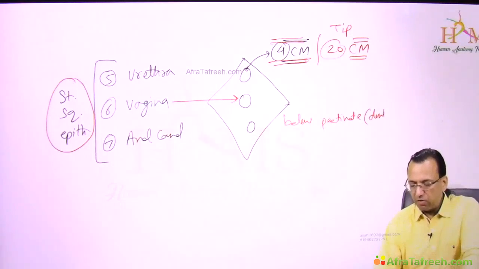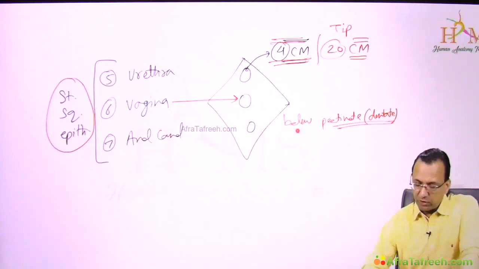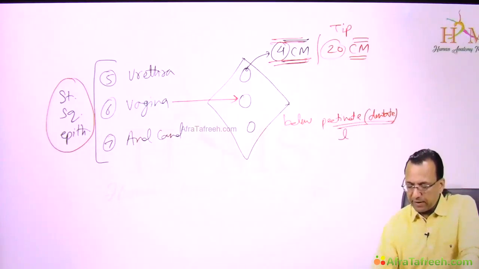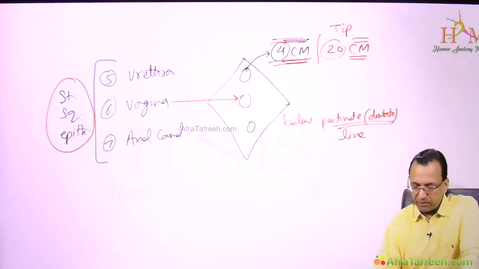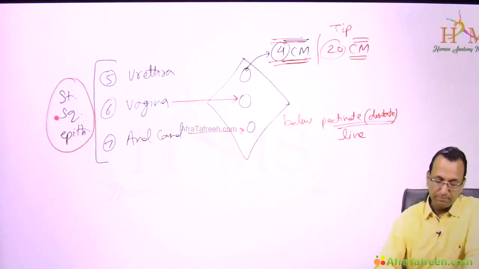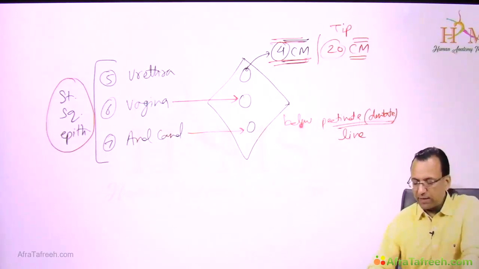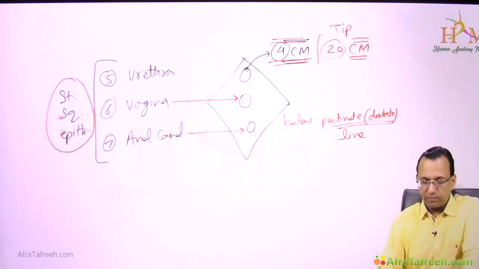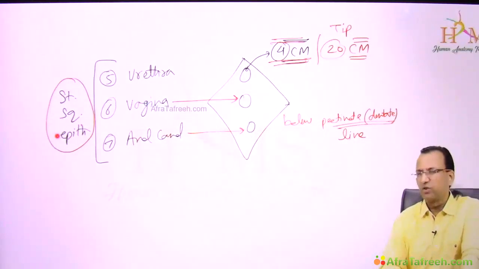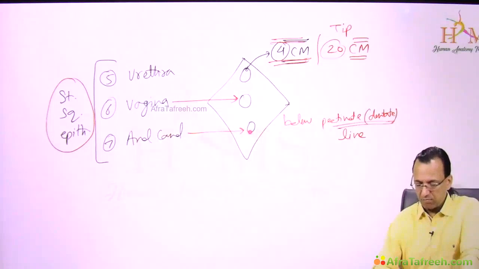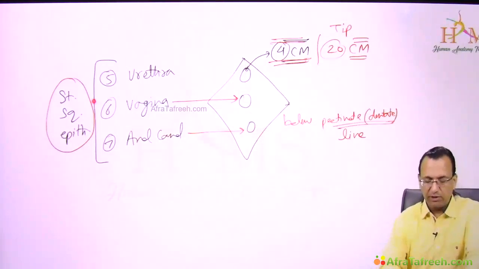Pectinate is also called dentate line. So maybe say pectinate or dentate, whatever. Below the dentate line or pectinate line, you have the stratified squamous epithelium. But what is above that? That we'll find out later. But the openings are stratified squamous epithelium.